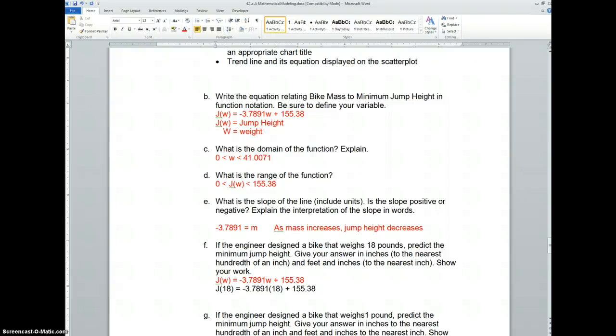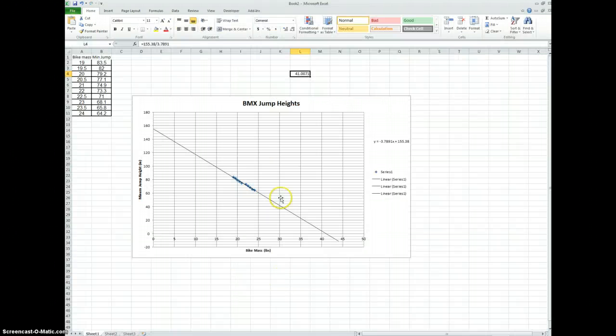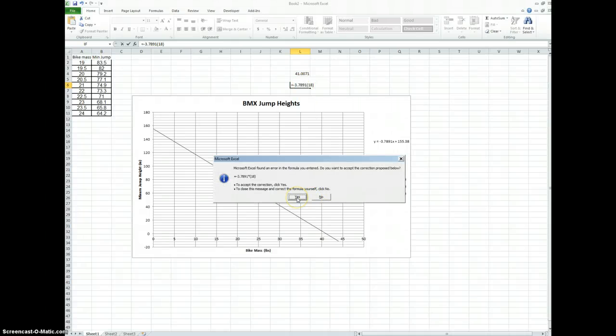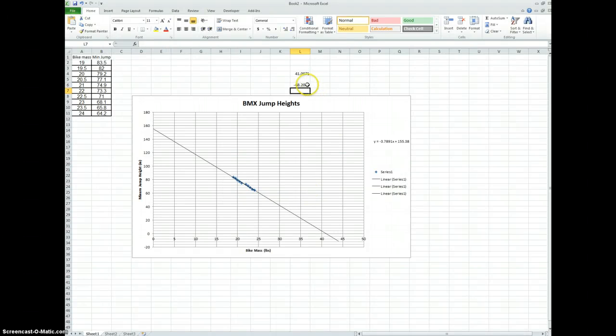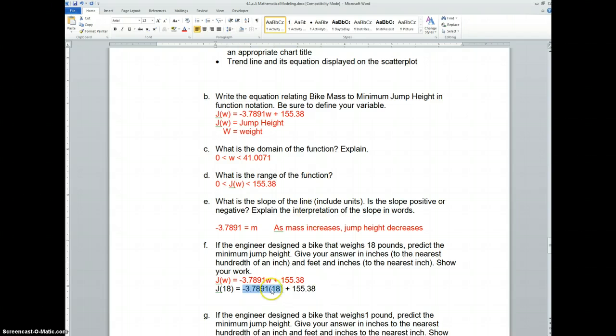All right, and what is that? Well, I'm going to use Excel as my calculator. It's negative 68.2038 for multiplying those two together.